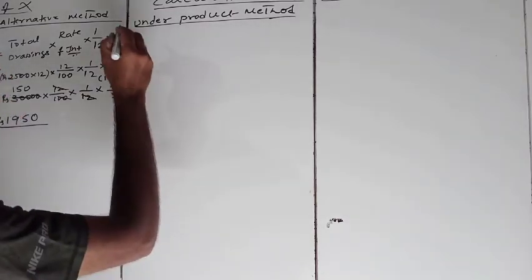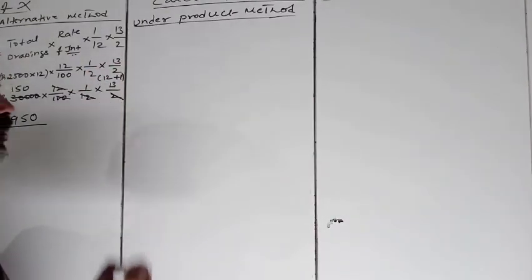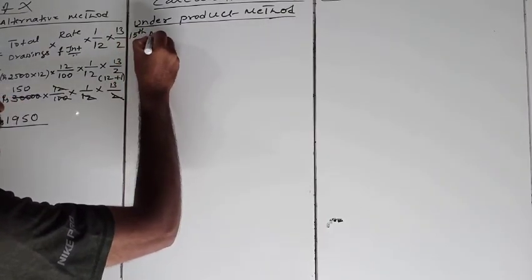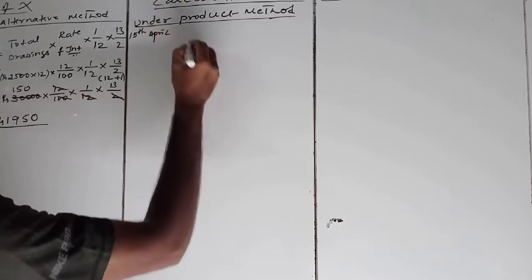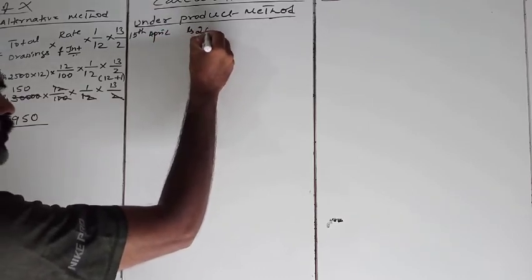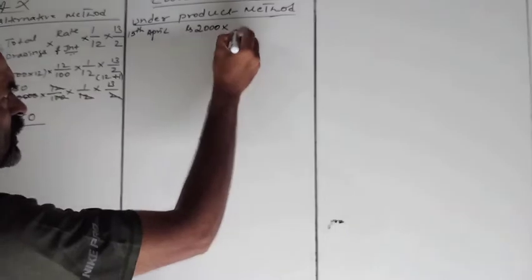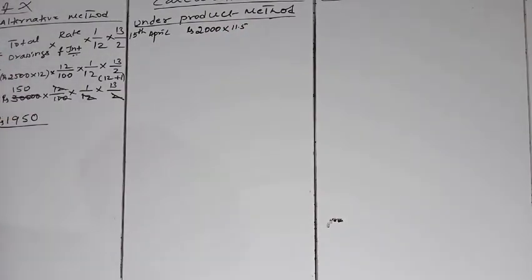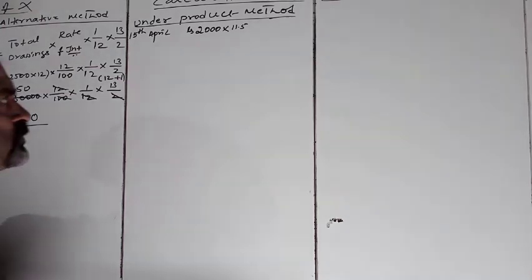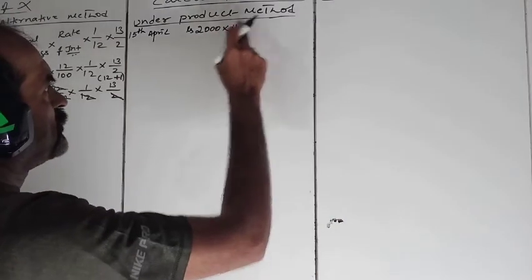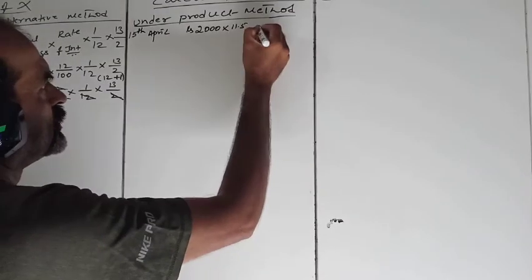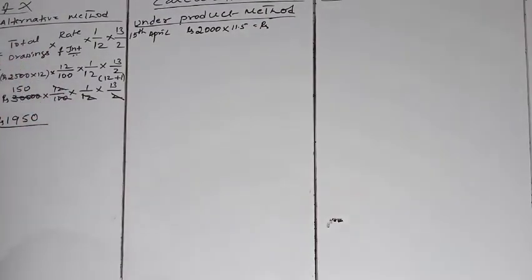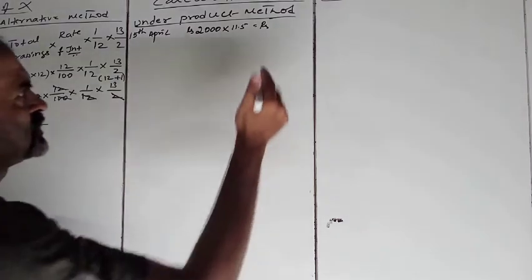Yes, start the answer. The first withdrawal on 15th April, rupees 2000 is the amount. The number of months is 11.5 months, up to 31st March. Calculate the amount: it is 23,000.